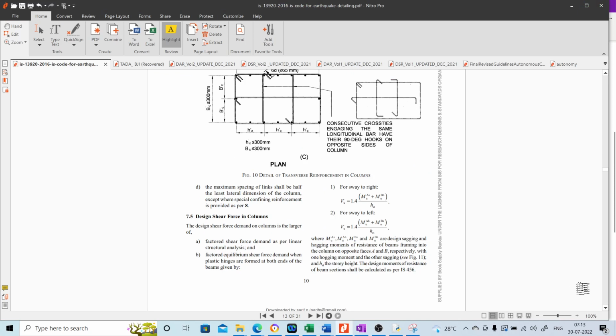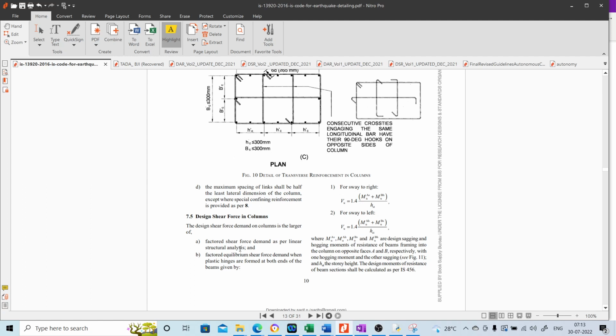Let us see. So what the code is saying is, first thing is shear design. When we do shear design, the shear design has to be done for the factored shear force as per linear structural analysis as well as from plastic analysis, just like we did for beams. However, in the case of columns, most of the time we will not be given the results of the beams that are spanning into the columns. Most of the time, this value of design shear force will be directly given in the question.